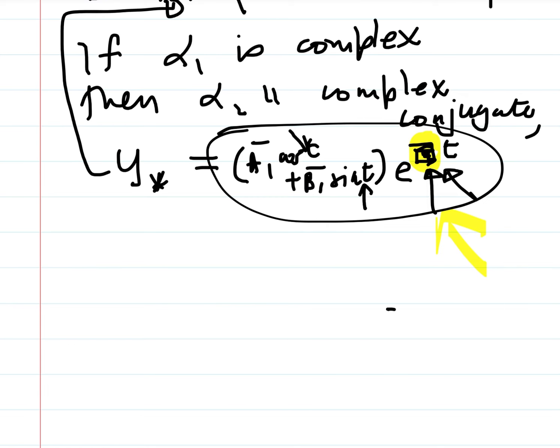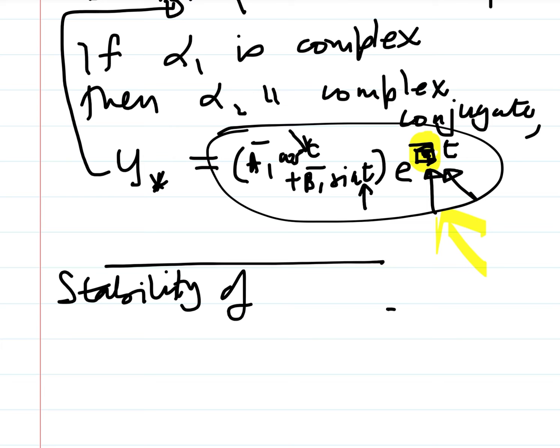To sum it up then, for the stability, here by stability I mean that the solution will decay to zero, for the stability of this differential equation model, all the roots of P of D, or equivalently, all the real parts of the roots of P of D have to be negative.